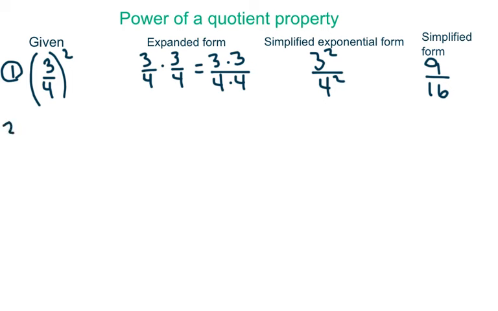A second example is x over 2 raised to the 4th power. So the expanded form is x over 2 times itself 4 times.